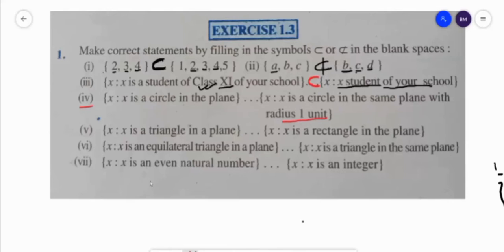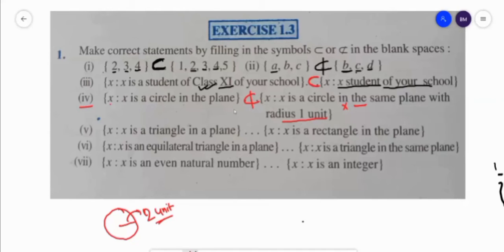Now if we take one circle of radius 2 units, then this circle is not in this collection. Only those circles whose radius is 1 unit are in this collection, but the first is all circles. So this is not a subset of the second set.